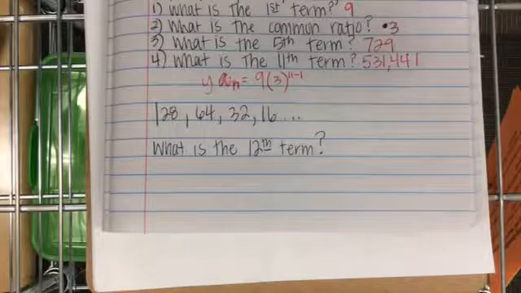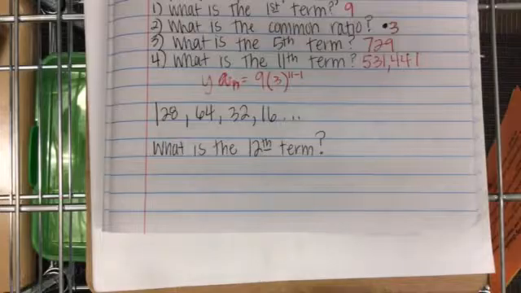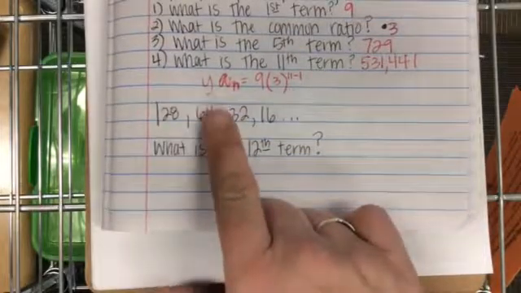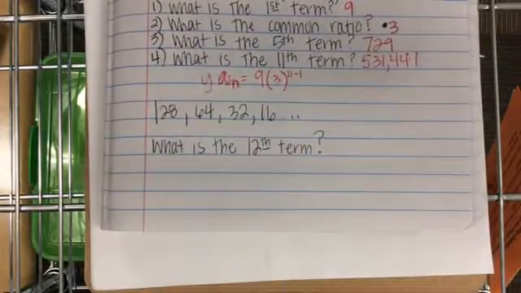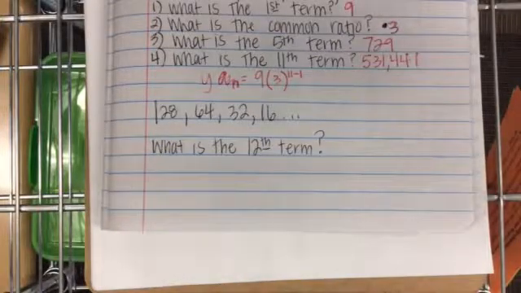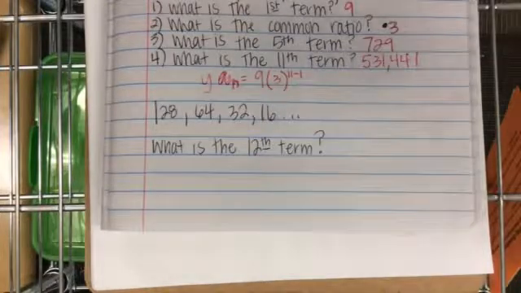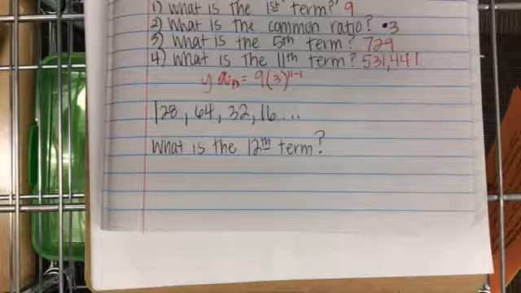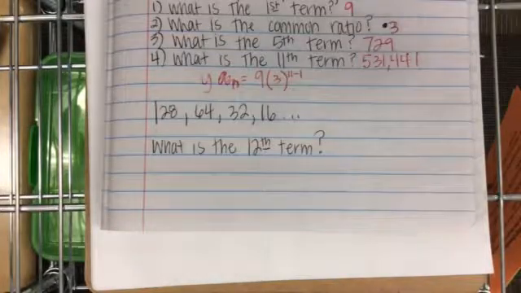You think to yourself, Mrs. Long, wait a second. 128 to 64 to 32 to 16, what's my common ratio? We're dividing by 2. My common ratio is not 2. My common ratio is dividing by 2. Dividing by 2 is the same thing as what? 1/2. Multiplying by 1/2.